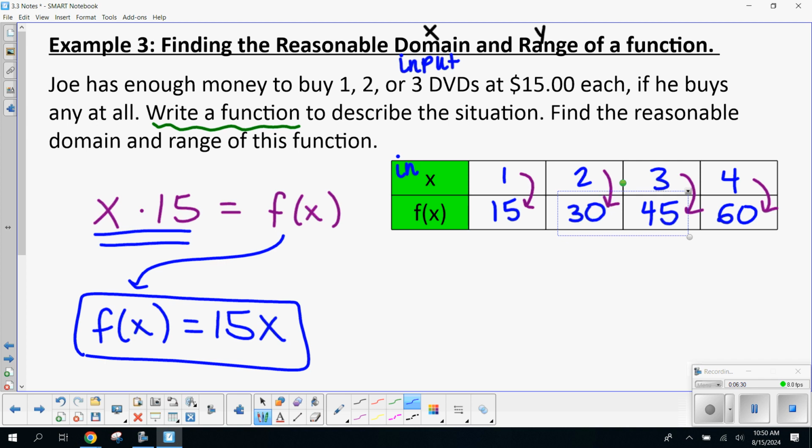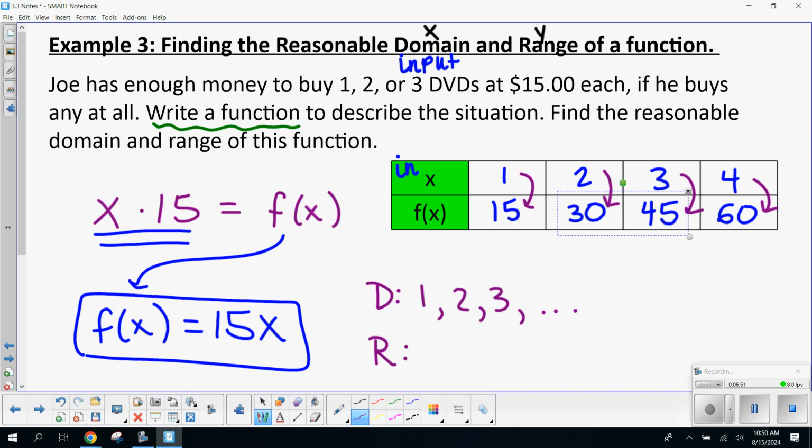And this is the function to represent the situation. The reasonable domain, again, domain, what numbers can we plug in? We can't use negative numbers, we can't use decimals. So we'll say we could buy 1 DVD, 2 DVDs, 3 DVDs, and so on. We could technically buy 1,000,000 DVDs, so that number can keep going. And then my range are all my outputs.